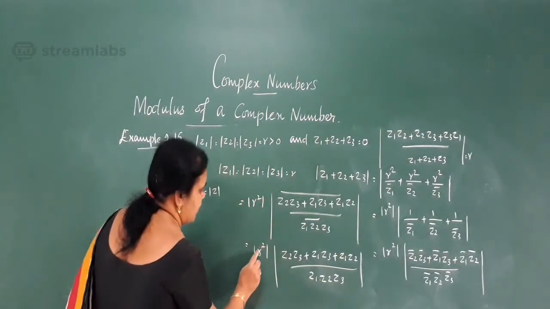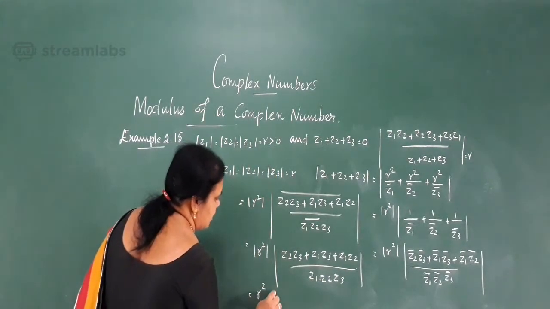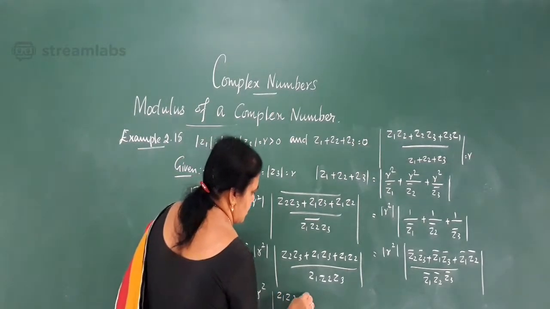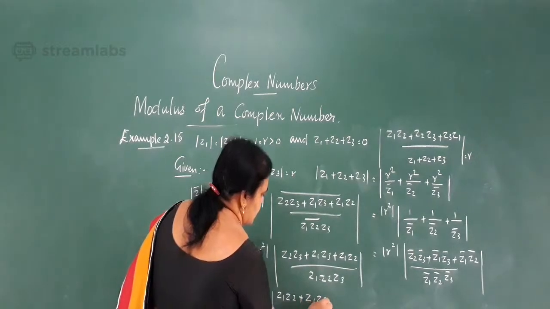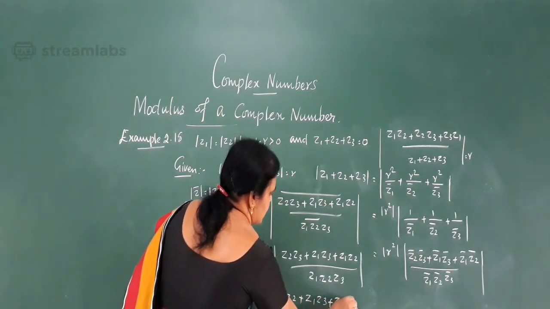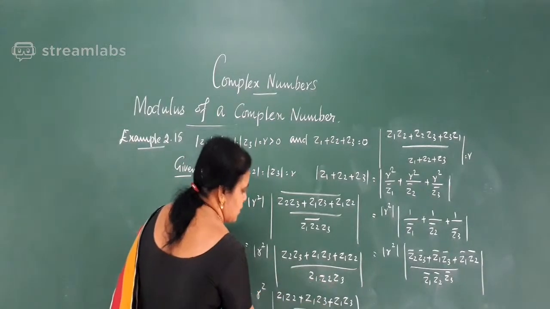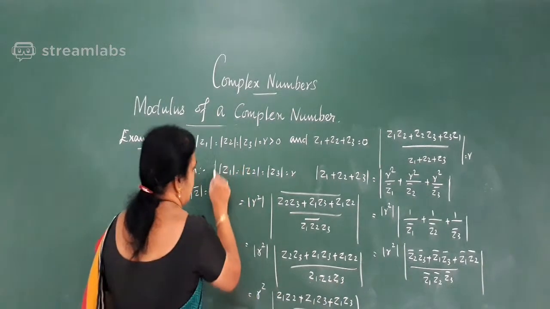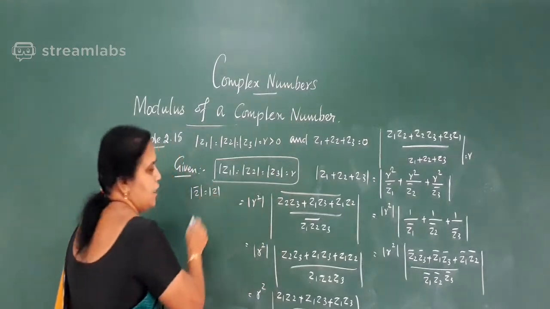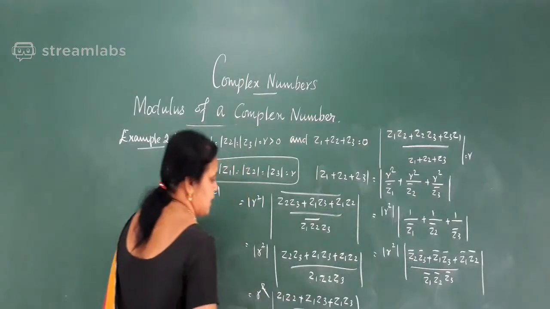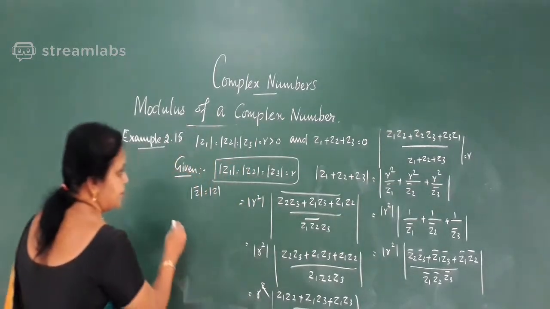If you are finding this, R square is coming: Z1 Z2 plus Z1 Z3 plus Z1 Z3 by R cube. Z1 is equal to R, Z2 equal to R, Z3 equal to R, so each and every number value is equal to R. So it is cancelled. What is coming here?